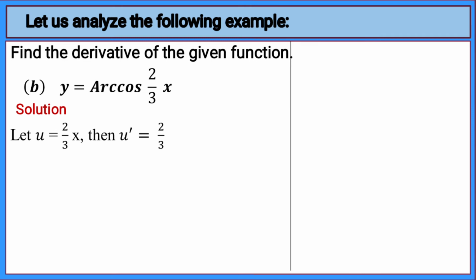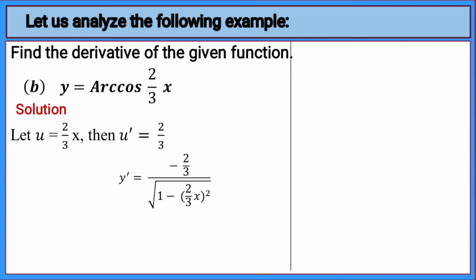You're just plugging this information into our format for the derivative of arc cosine. Since this is arc cosine, this is the negative format of arc sine. So we have y prime is equal to negative 2/3 over the square root of 1 minus (2/3 x) squared.